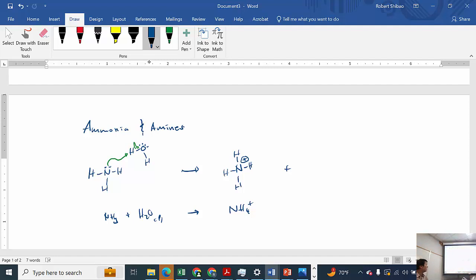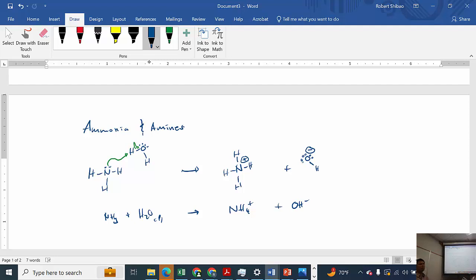Hydroxide. So the other product is we're going to have pairs go to this. And what's the formal charge on the oxygen in hydroxide? -1. You just write negative. Okay. Ammonium plus hydroxide.